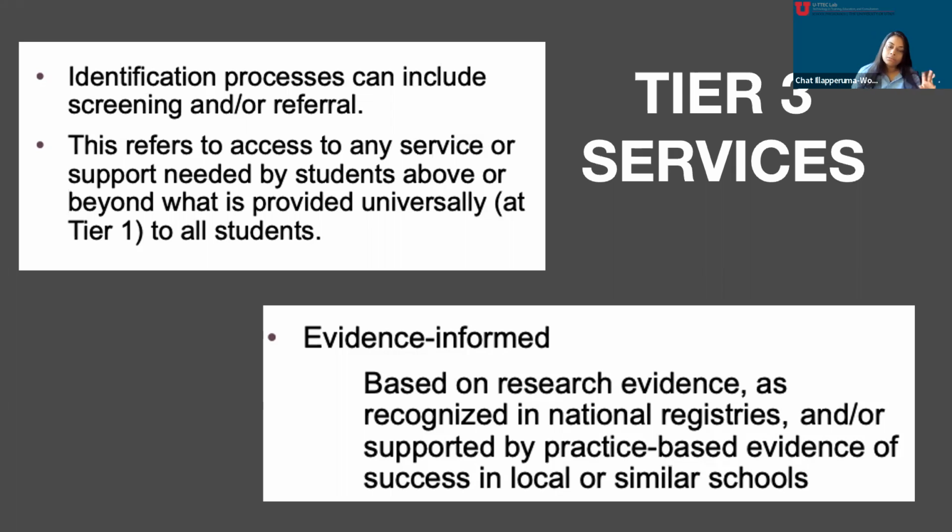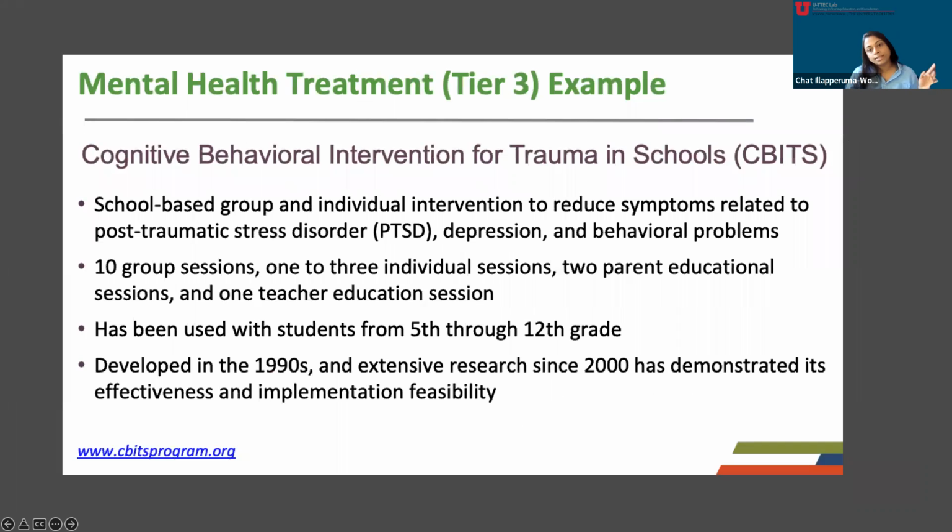Are some less than 25%, less than half, more than half? These are some ways to gauge where your school stands in terms of providing evidence informed interventions. So this is an example of a tier 3 evidence informed intervention.